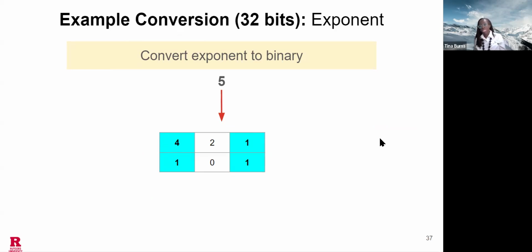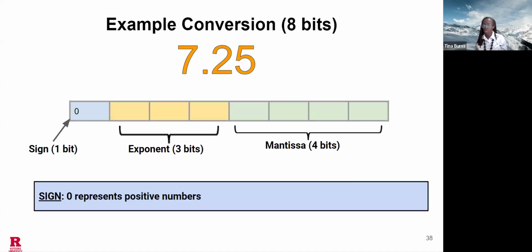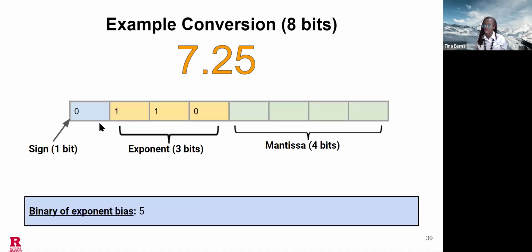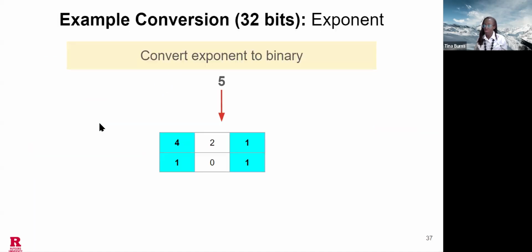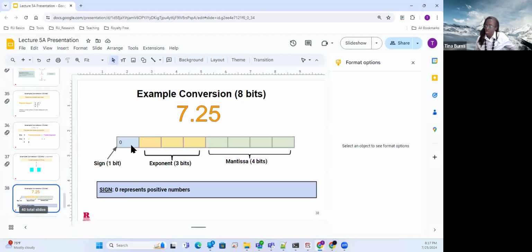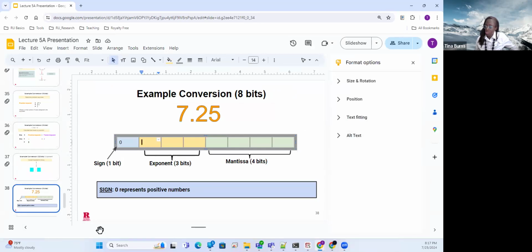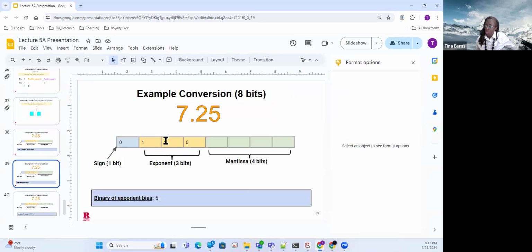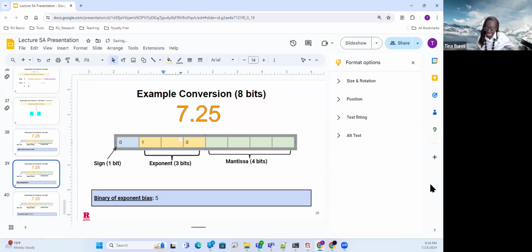So now we have everything that we need to go ahead and write this to an 8-bit representation. The sign of the bit is 0, right? Because this is positive, so that's going to be 0. My exponent, I already said that, is the representation of 5, which should be 1, 0, 1.